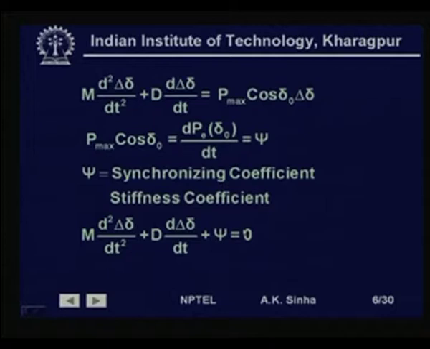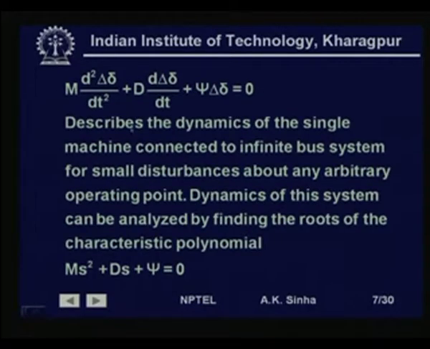So, finally, what we are getting is basically this: m d2 delta delta by dt2 plus d d delta delta by dt plus psi delta delta is equal to 0, which describes the dynamics of the single machine connected to infinite bus system for small disturbances about any arbitrary operating point, that is, the operating point wherever we want, that delta 0.